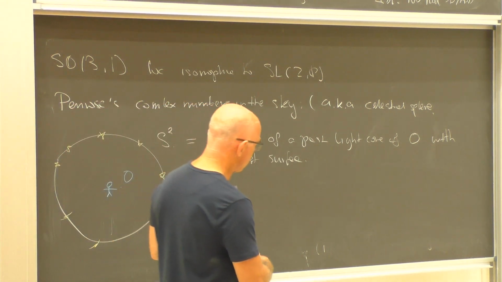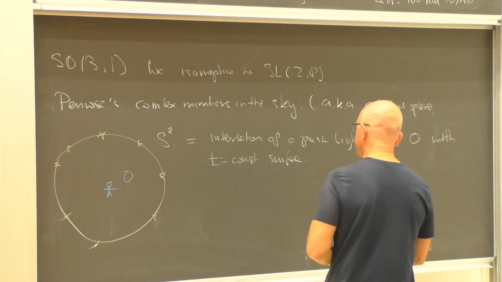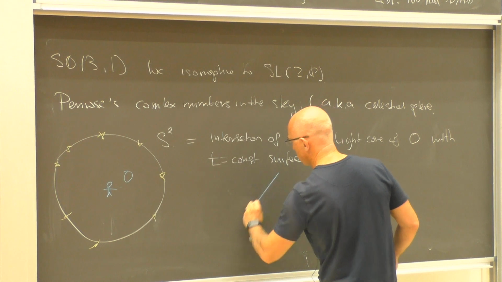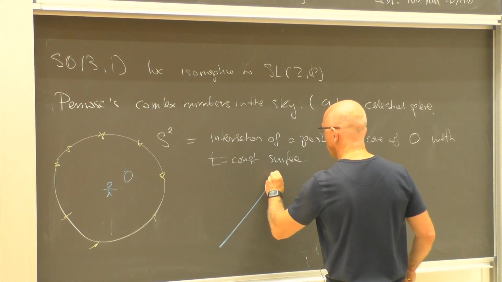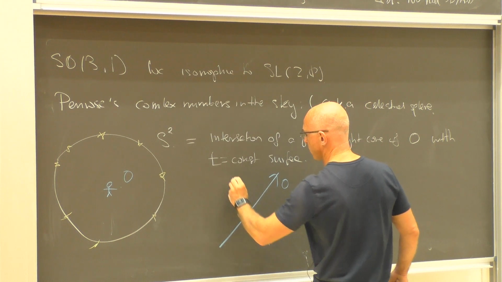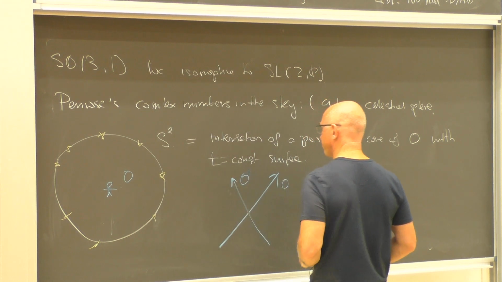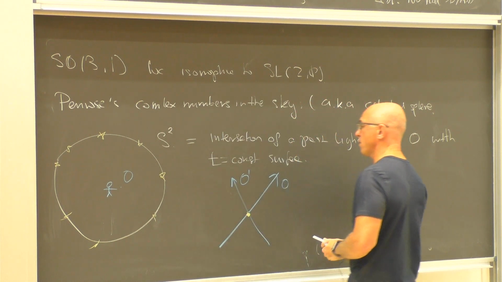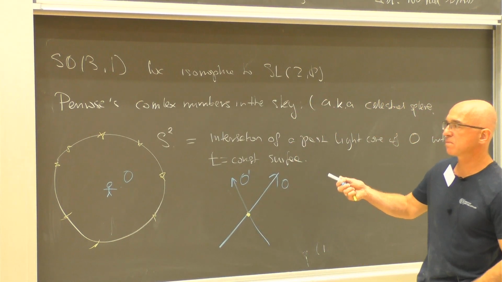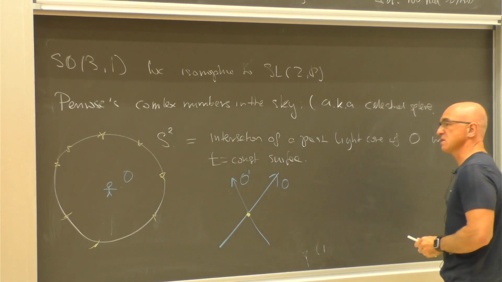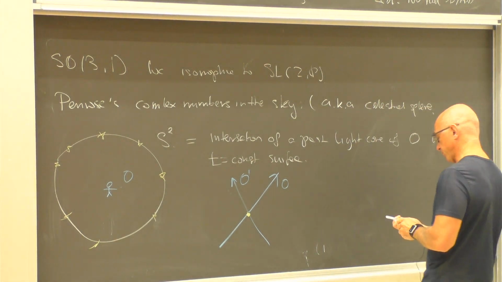Now, imagine that you have not one but two observers, and these observers have some world lines. So that's a world line of observer O, and that's a world line of observer O prime. And they meet somewhere, and O has their celestial sphere, and O prime has their celestial sphere, and they want to compare them.